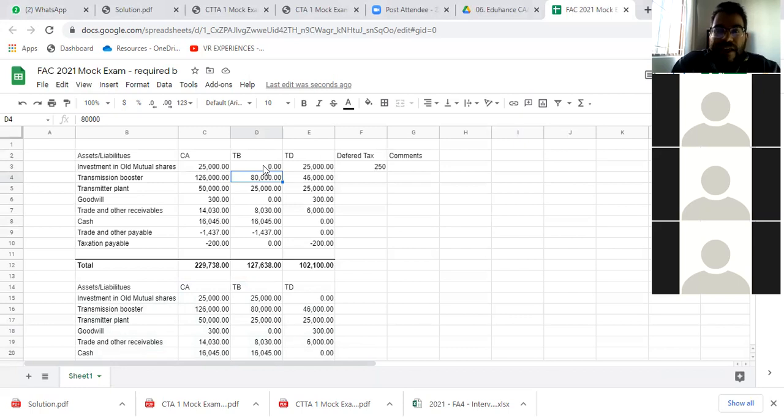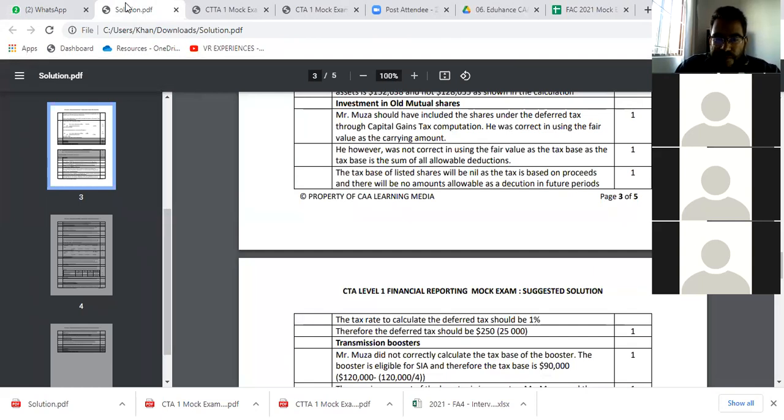And since it is a capital asset, your deferred tax is 1% of the temporary difference, which is 1% of 25,000, and that results in $250. Okay, so somehow you will word it like that. Are we happy with that? Any questions?